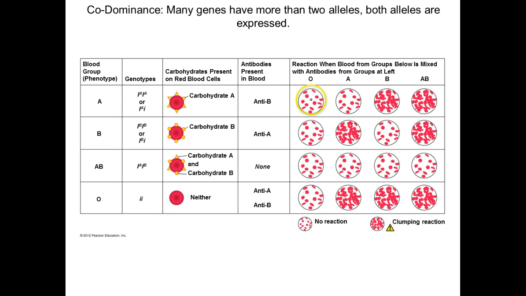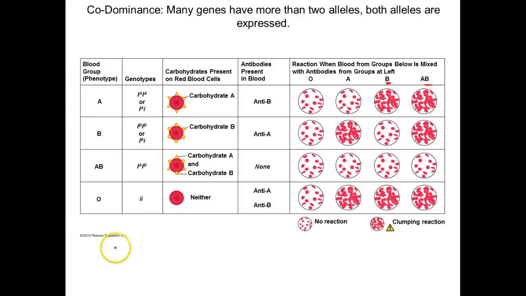It won't react to O, and it won't form any antibodies against A. But any B will form antibodies. Now if you have B blood, you will form an antibody against A. And AB has both carbohydrates A and B, and it will produce no antibodies. Now if you have O blood, you have no carbohydrates, but you will form antibodies against A and antibodies against B. So this is the test they would probably give you to figure out what blood type you are.